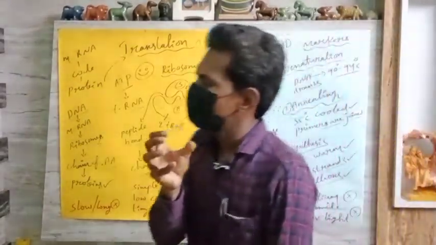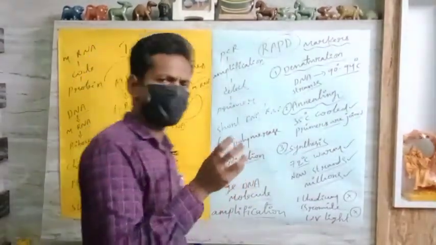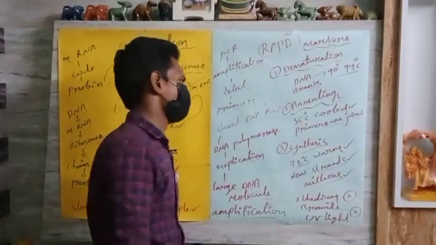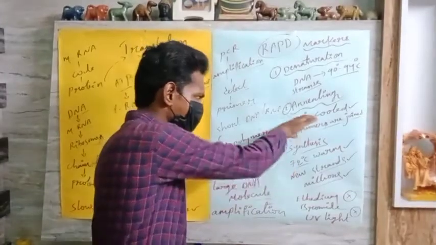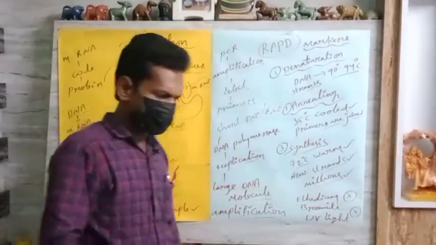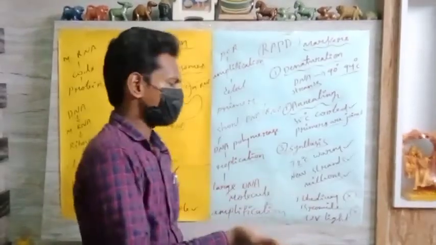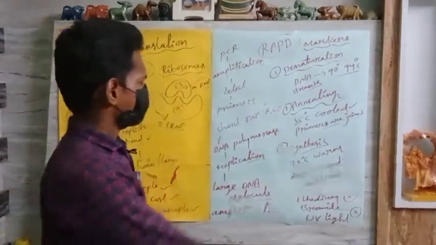To give the primers the chance to join the strands, we must cool down. That step is annealing. Then finally synthesis. After cooling down, in the third step, up to 72 degrees Celsius, we have to provide a warm temperature to the strand. Then finally the complete strand will be synthesized.